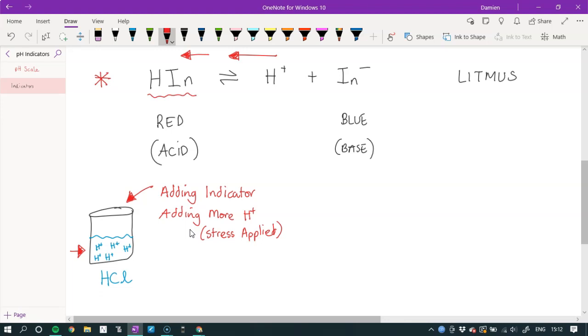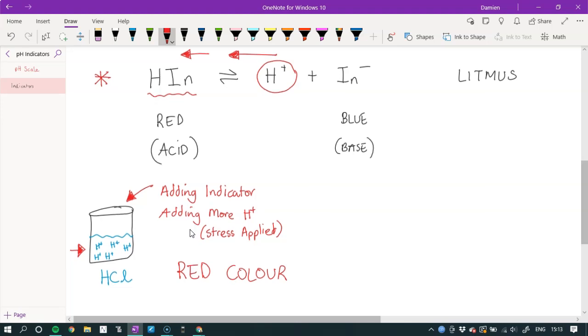Remember, moving from right to left forms HIN. It uses up these H pluses. So the equation, if you add in more H pluses, is going to produce more HINs, and that turns it a red color. Now that's what we see in the lab when we take an acid and we add an indicator like litmus, it turns red.